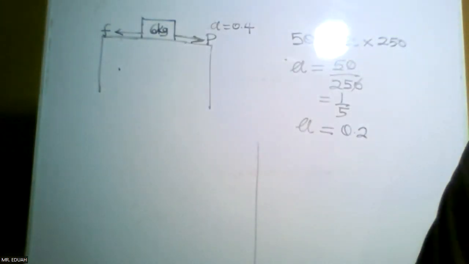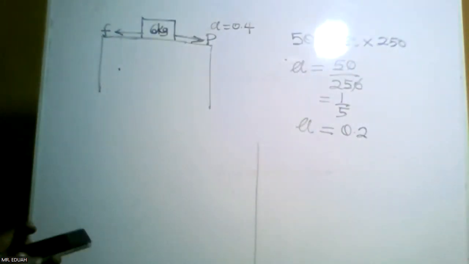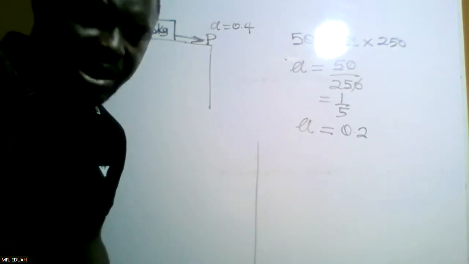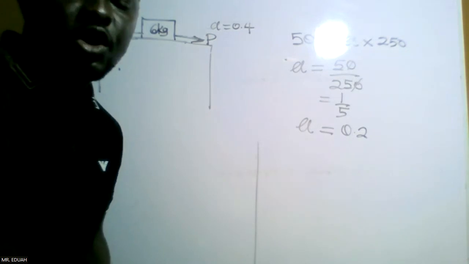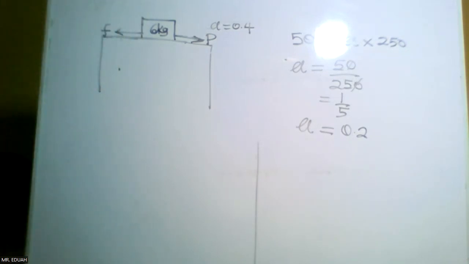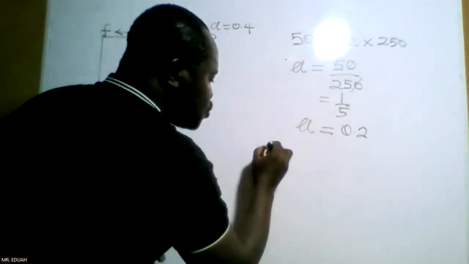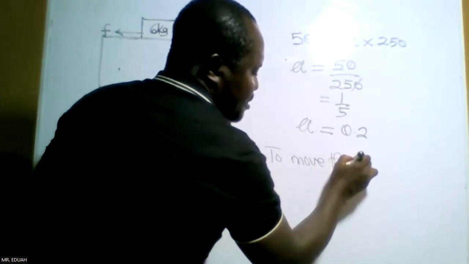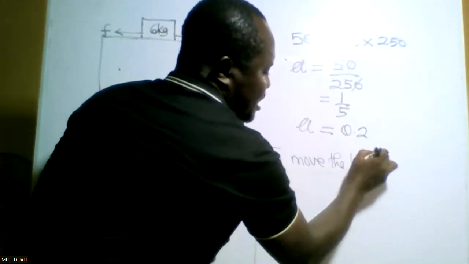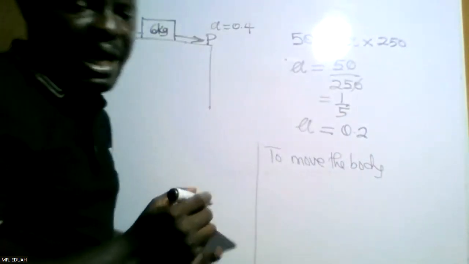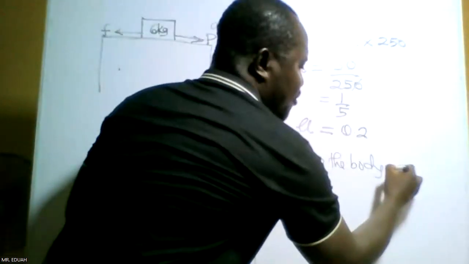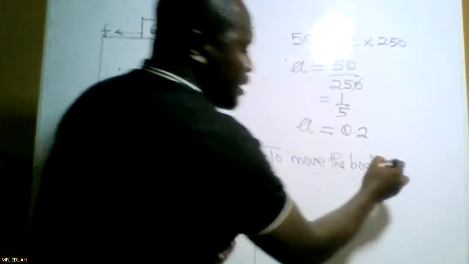We are talking about the least force that will move the body, and this is not the same as the force which will accelerate the body. These are two different statements. The least force to move the body is just to slide, and sliding is that force which will just be equal to the opposing force.